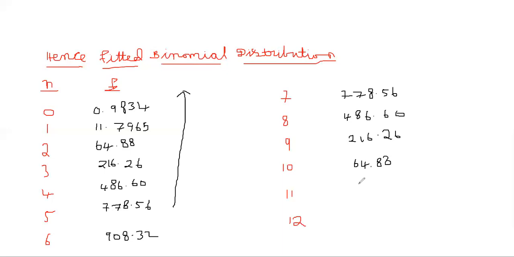For 11, you will get 11.7965. For 12, you will get 0.9834. So the values will be reversed like this. So now please copy this.